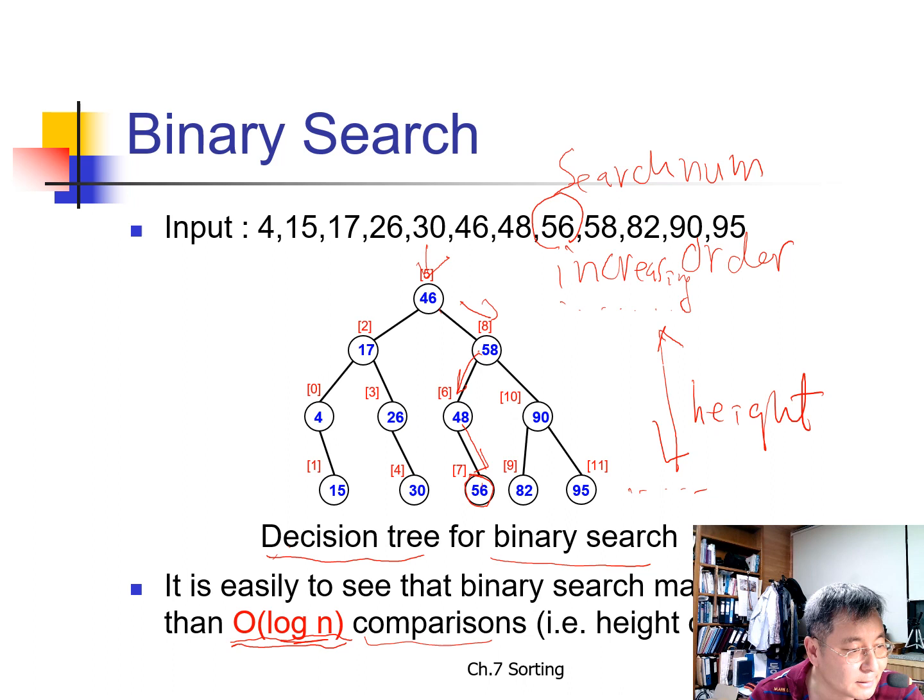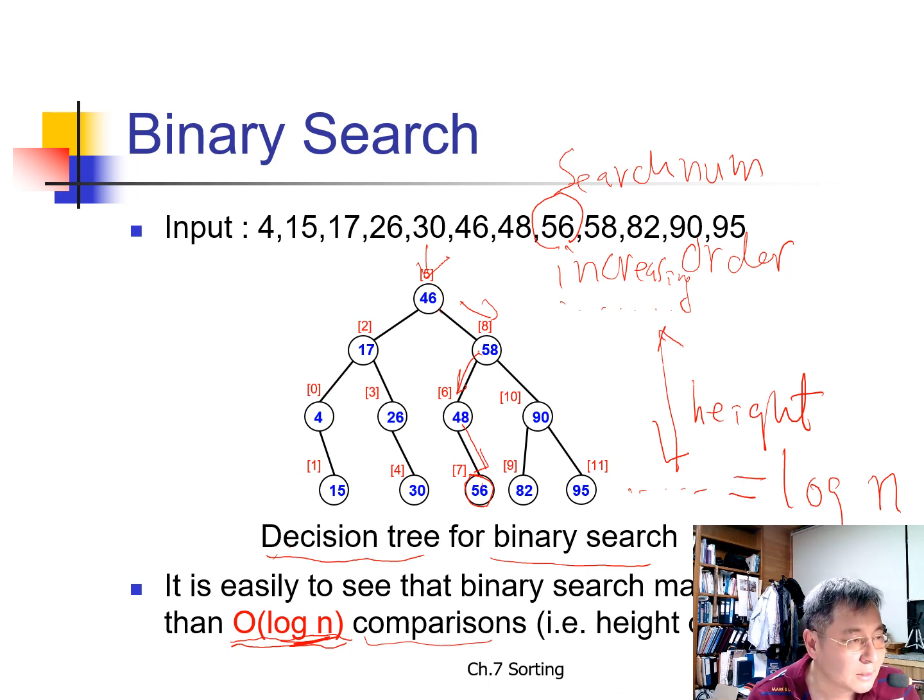Log n is the same as the height of this binary tree, log base 2 of n. So binary search is very fast compared with sequential search.